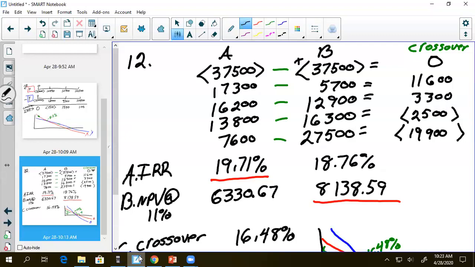Which project do you take? Or based on net present value, which project do you take? So you're going to have to do the calculations. You're going to be given a decision rule to follow, and then you got to make the right decision based on that rule. Is everybody good with that?